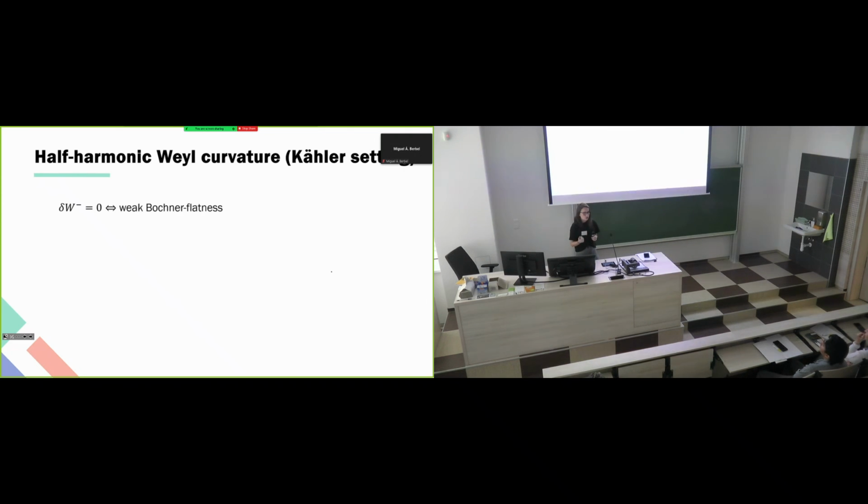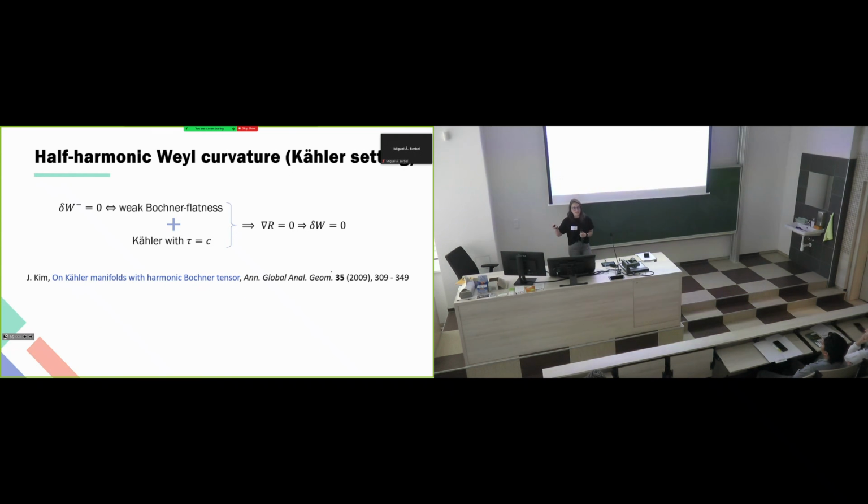It is known that the geometry of four-dimensional Kähler structures is much reflected in its self-dual and anti-self-dual Weyl curvatures. In fact, the Bochner tensor is codified by the anti-self-dual Weyl curvature, and this way, this condition of half-harmonicity is equivalent to weak Bochner flatness. And moreover, it is known that any weakly Bochner flat Kähler manifold with constant scalar curvature is locally symmetric.